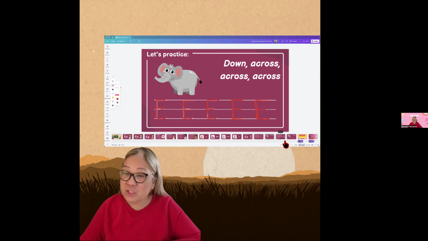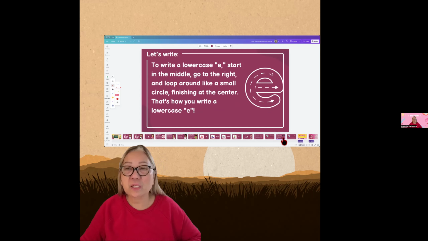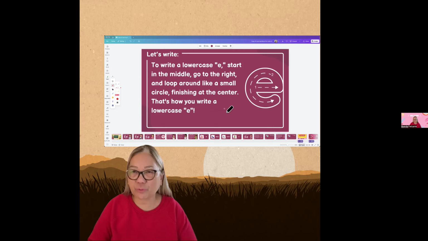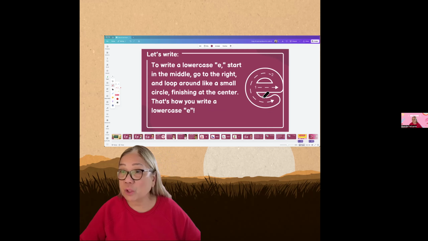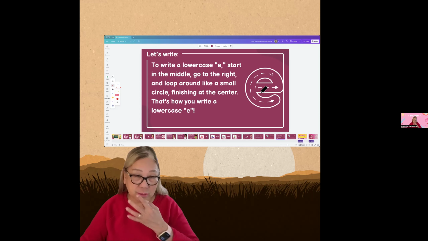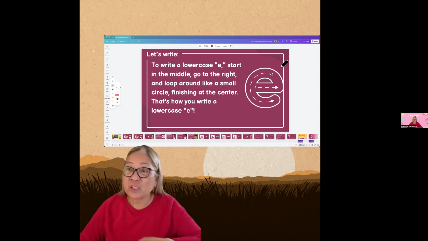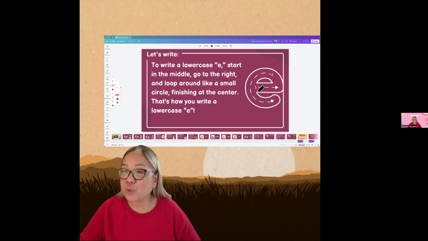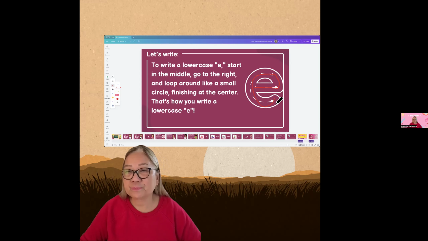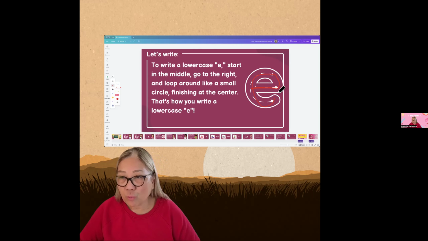All right, now let's move to the lowercase e. The lowercase e is a little bit different. So you start in the middle, in between the two lines, one and two. So you go right, and then curve around.